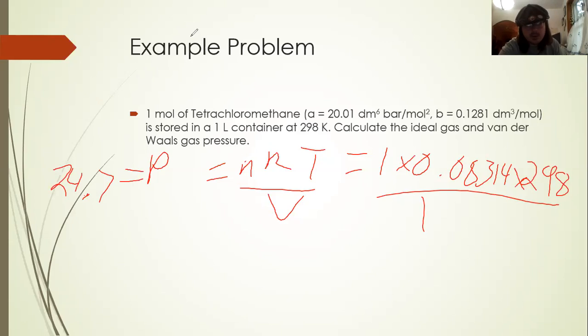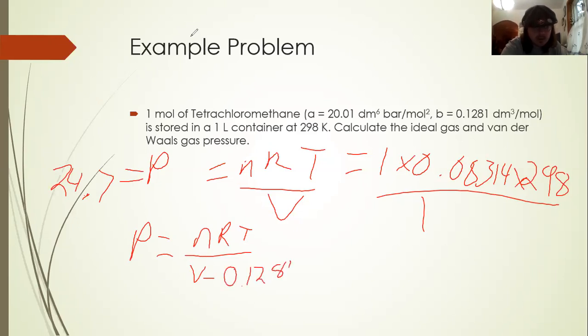Now, but tetrachloromethane is highly different. So pressure equals nRT over V minus nb. Since n is 1, I'm going to just leave it as b. 0.1281. A 20.01. Since it's n squared over V squared.